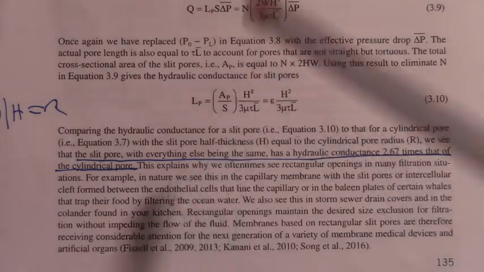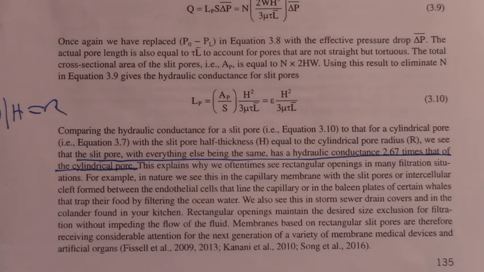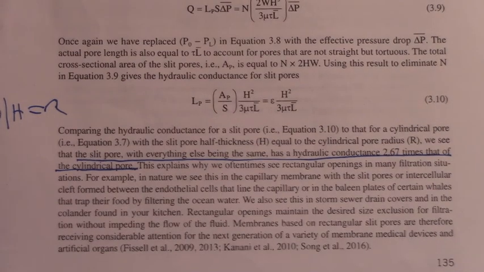Notice if you increase the size of the openings, it's to the square. So if you double the thickness or the radius of the pores, you're going to effectively increase the flow by a factor of 4. These are all things that, through intuition alone, you probably would never be able to come up with the right relationships between all these variables, but by doing some simple mathematical modeling and coming up with representations of what's happening, we can come up with useful equations.